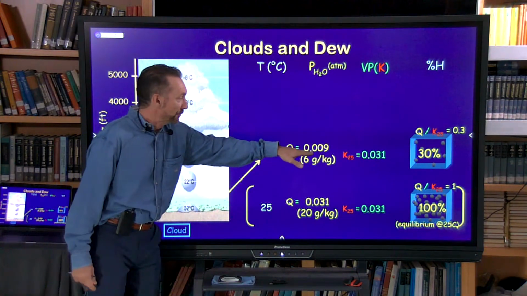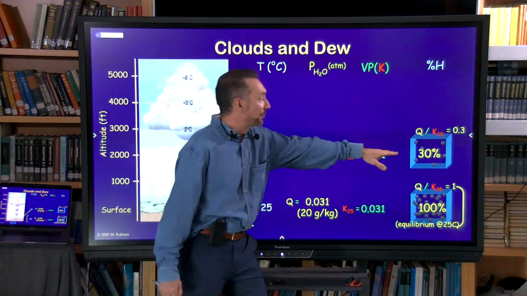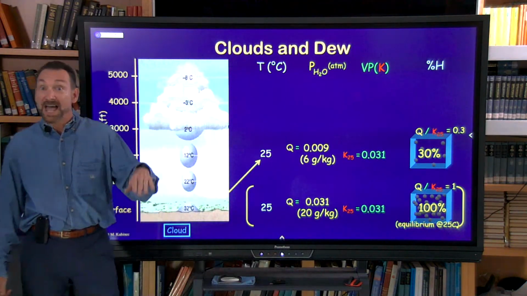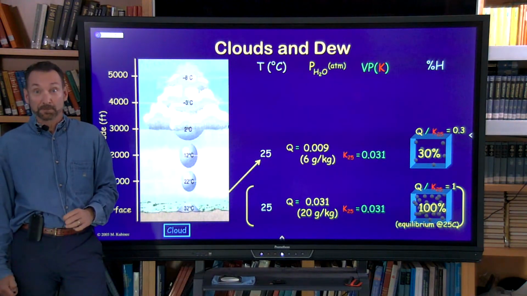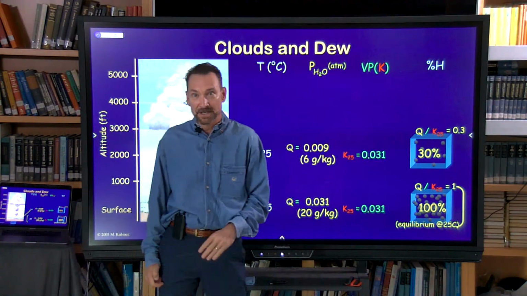So that's Q. That is the partial pressure. The partial pressure of water when we're at 30% humidity is lower than the equilibrium pressure. That's what this is telling you. I'm at 30% of the equilibrium pressure.